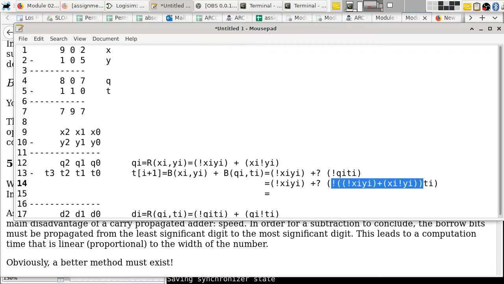There's no hope, because this 0 is ANDed with TI. It doesn't matter what TI is. TI can be a 0, TI can be a 1, but once I have a false in a conjunction, the entire conjunction is guaranteed to be false. So now I have just sealed the fate of the right-hand side of this plus operator. That has to be a 0 if the left-hand side of the same operator is a 1. Are we good so far?